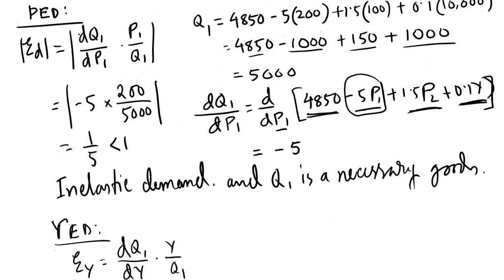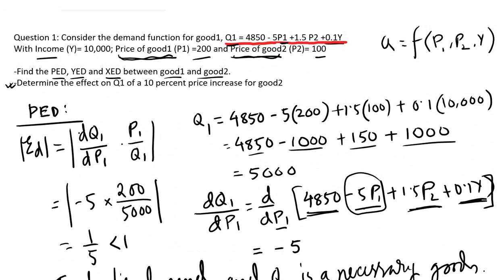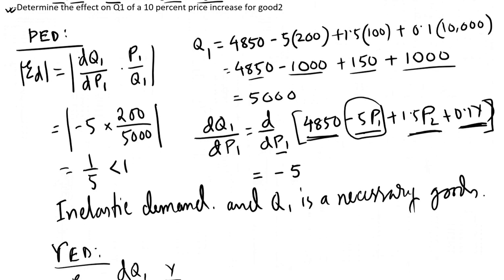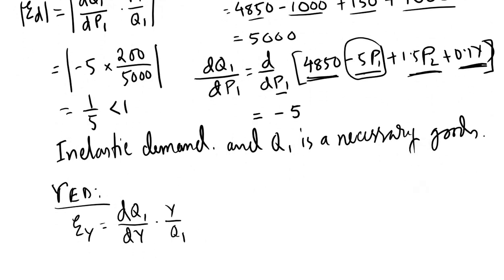We already know Y equals 10,000 and Q equals 5,000. All I need to find is this dQ1 by dY. So derivative of Q1 with respect to Y.